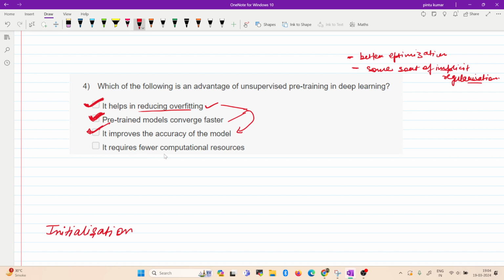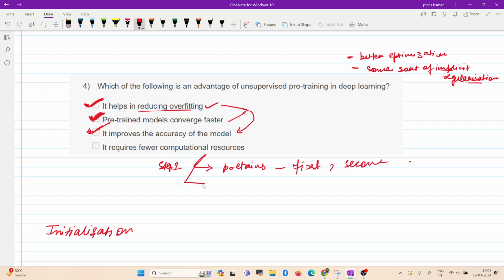Now the last option says it requires fewer computational resources. If you look at the method carefully, it is a two-step thing. Step one is your pre-training. That will also require you to have gradients and optimize your weights, and that too in several steps: once for your first layer, again for your second layer, and so on.